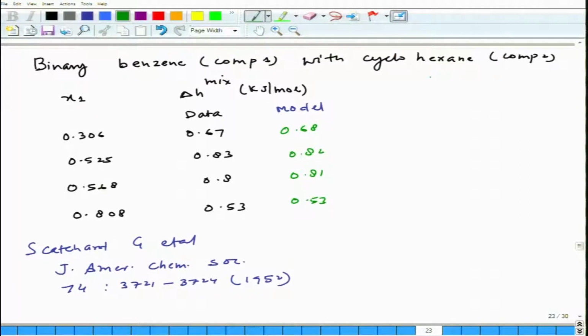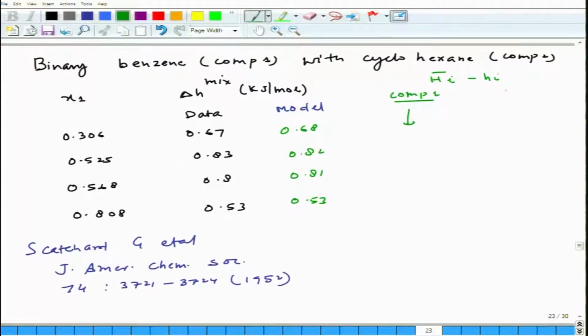Now, using this model and these values, you can directly use the data for delta H mix, and you can plug in the A and B and the corresponding x in order to get this difference for component 1.